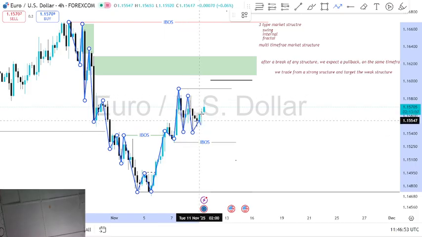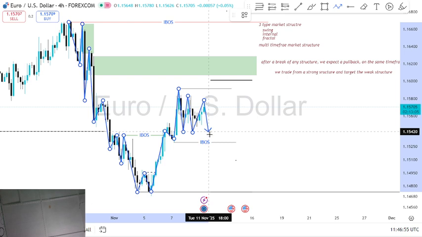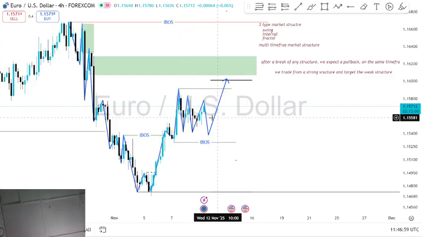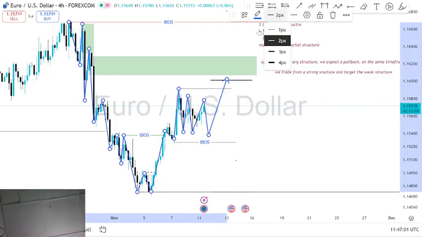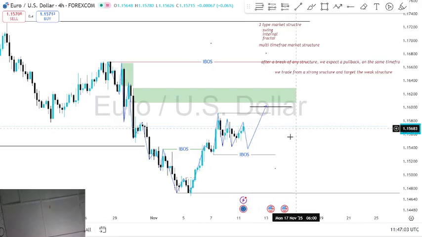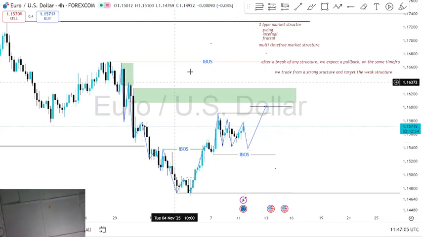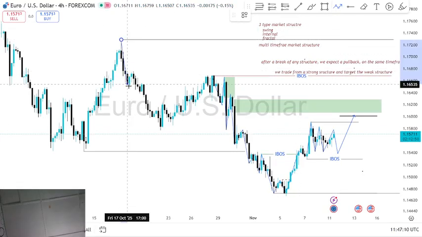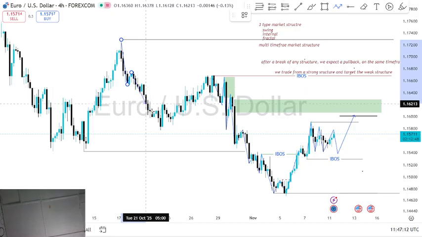So this one is just within a fractal structure. We can be doing this and we continue the move. Let me reduce the line thickness. Okay. So this is the internal structure. If I extend this, you can see that then we switched bullish.